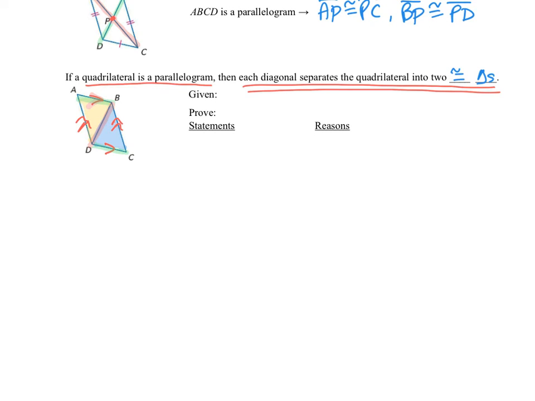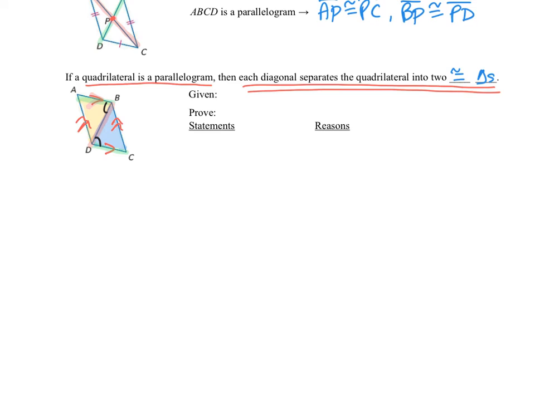So if we look at these green lines and this red transversal, we can see that we have a pair of congruent angles right here and right here, okay? Because when parallel lines are cut by a transversal, alternate interior angles are congruent, okay?